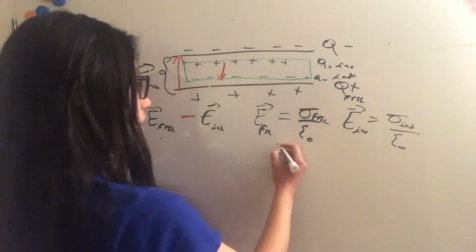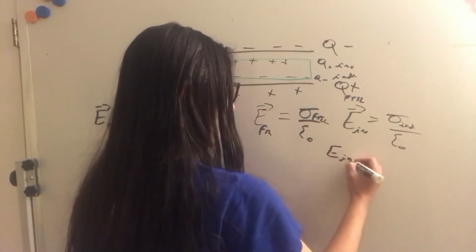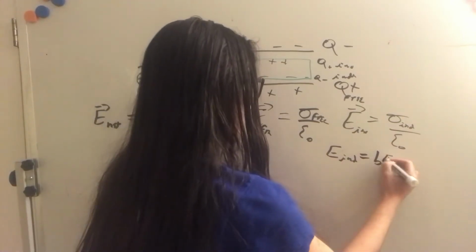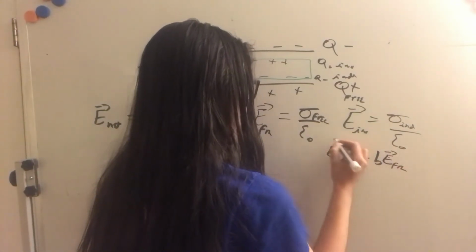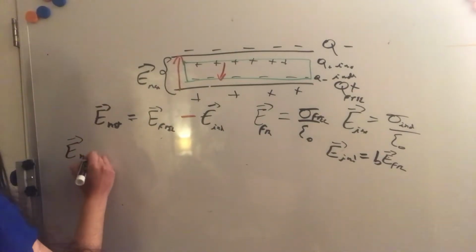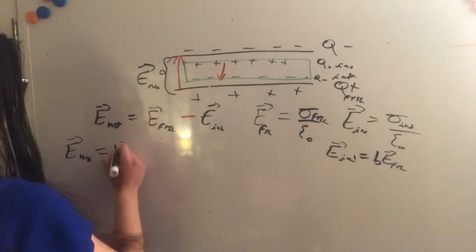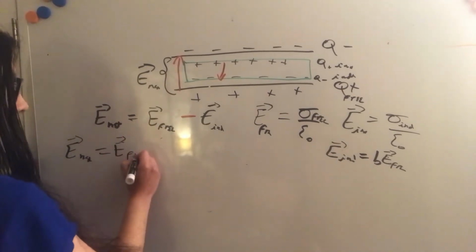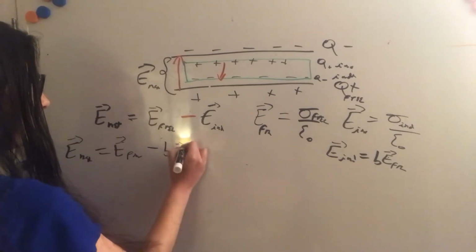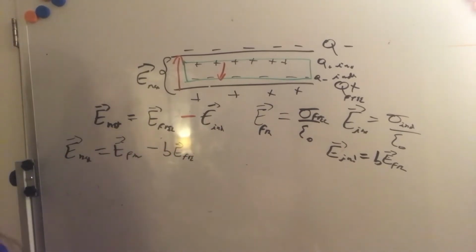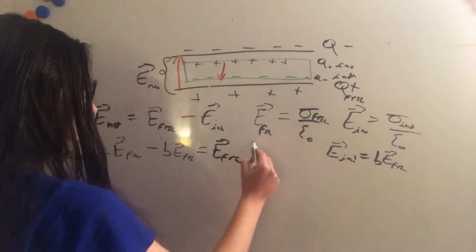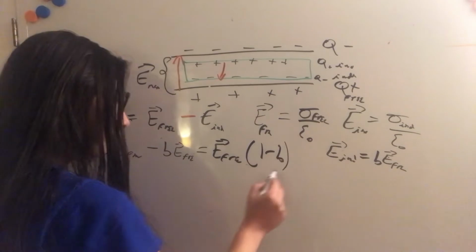So we can say that E induced is, let's say, a constant B times the free electric field. So the net electric field is the free electric field minus B times the free electric field, or just the free electric field times 1 minus B.